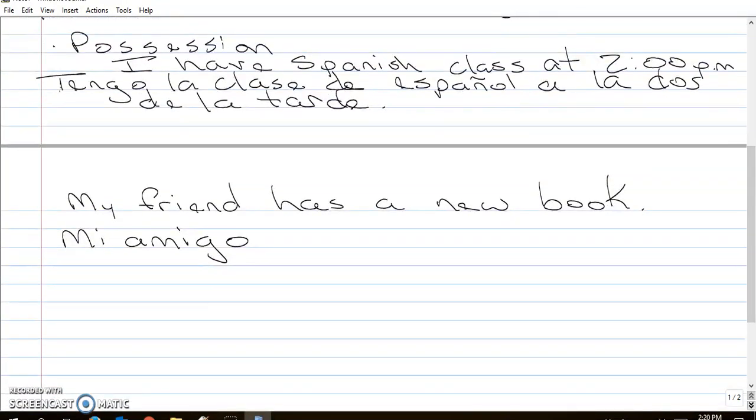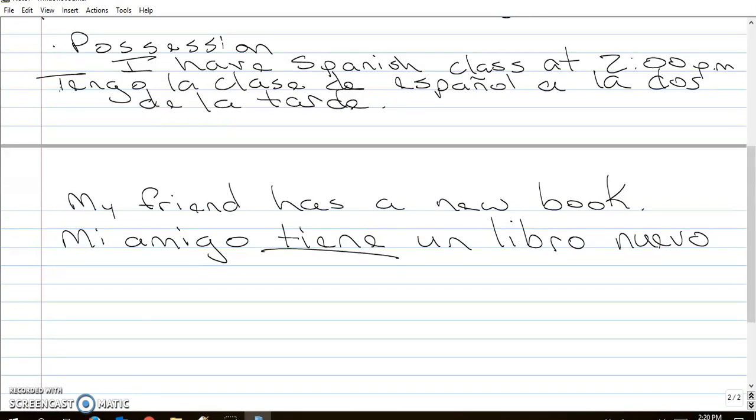So mi amigo tiene, new book, un libro nuevo. Now, good news about this, we've got the practice with tener. We've also got an indefinite article here. Noun nuevo being an adjective, new, nuevo, to match with the book. So a little bit of review of last chapter as well. So that is a simple possession.